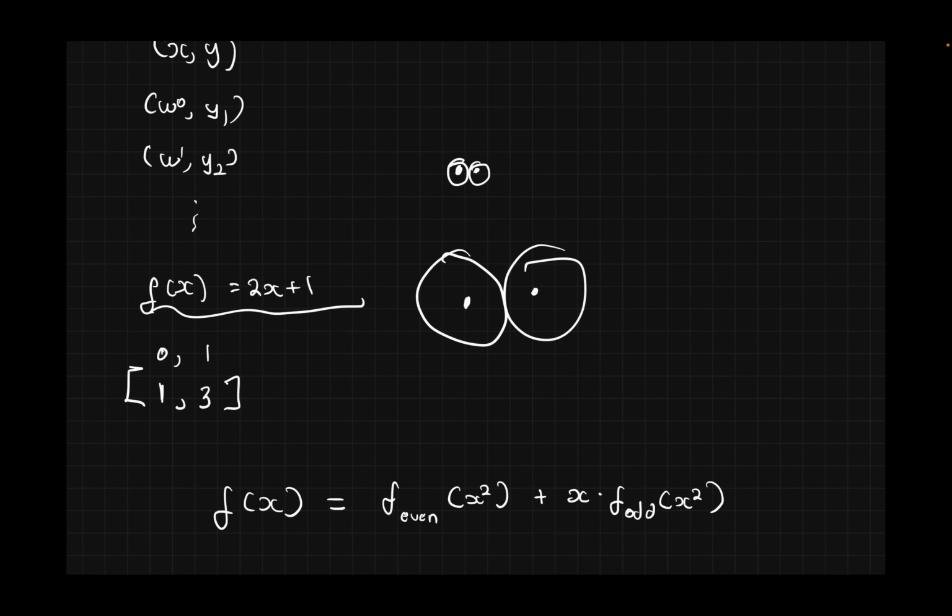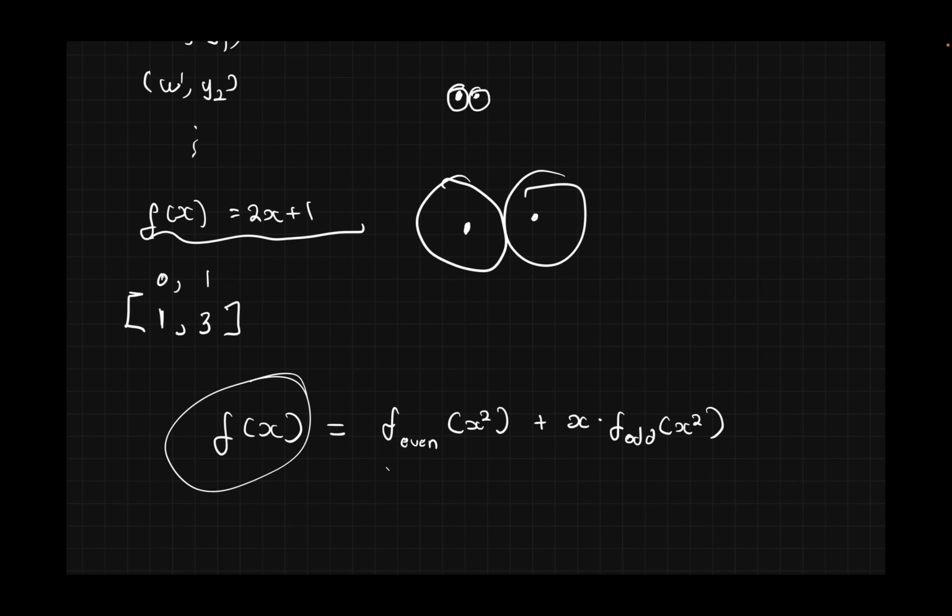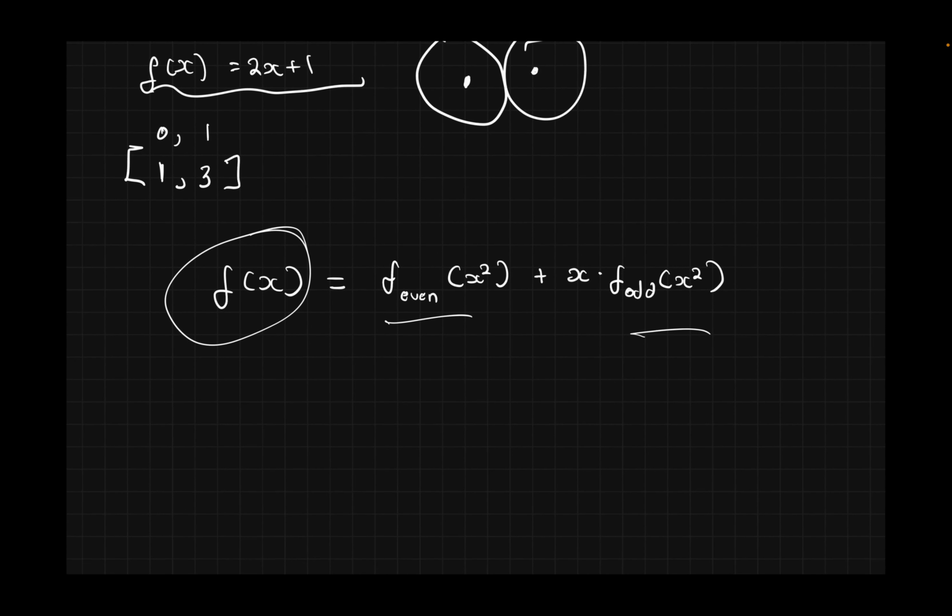Now you're trying to write it based on two different polynomials, and these two different polynomials should be of the same length. You can pad if it's not. So we're trying to write that as two different polynomials. Let me give an example.